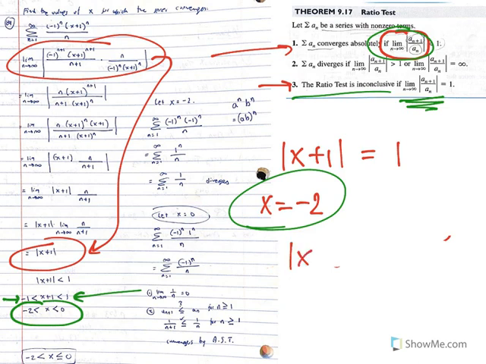If x is equal to 0, then that limit that we found for the ratio test would be equal to 1, and we can reach no conclusion based on our work using the ratio test. So we have to do some other test at those two values of x to see if the power series may converge or diverge. And that's the work that we'll be looking at now.